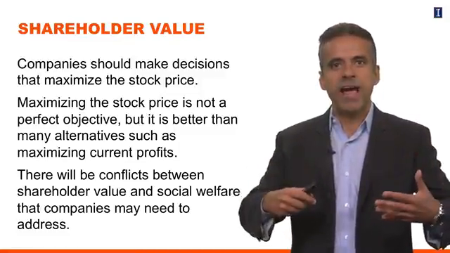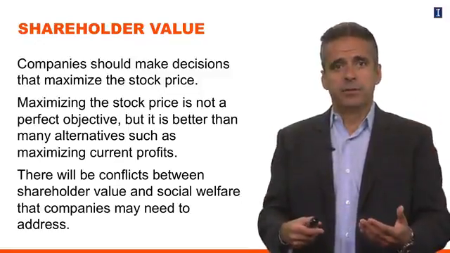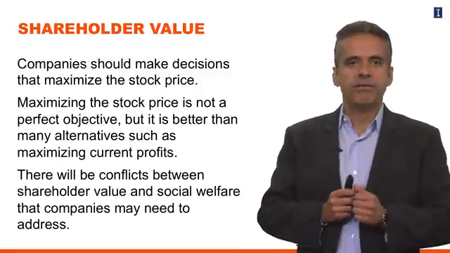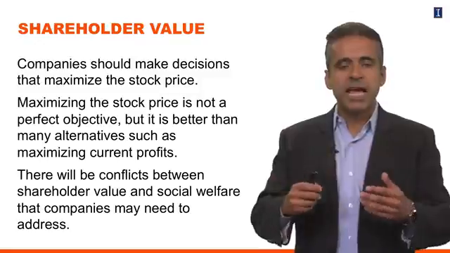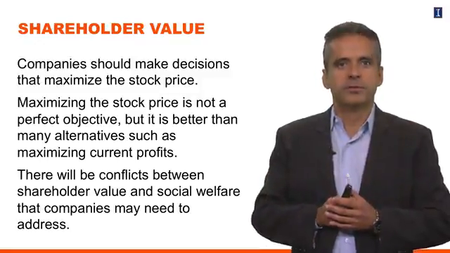So shareholder value is not a perfect objective, mostly because of that. Companies live in a society where they might have to balance shareholder value with concerns about stakeholders, concerns about the environment, and other important concerns.